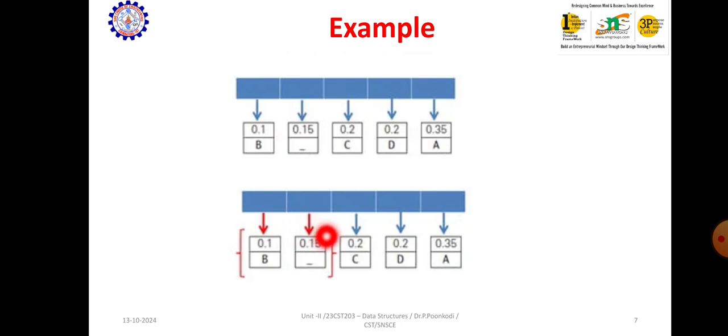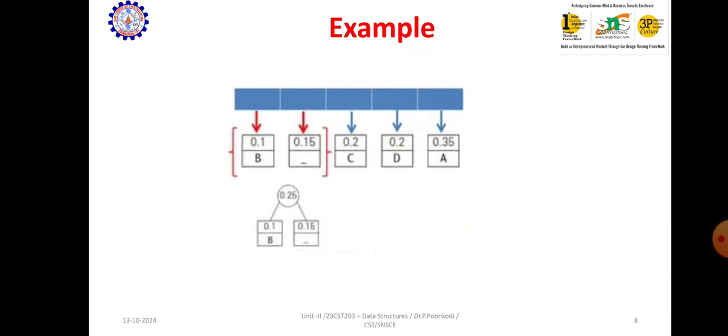If I am going with the probability concept, the minimum values will be combined. So first we have to consider these 2 values and construct the tree like this. If I attach them, a root node should be created, and the value for this root node is the probability of character B and hyphen. B and hyphen, 0.1 plus 0.15, is 0.25.